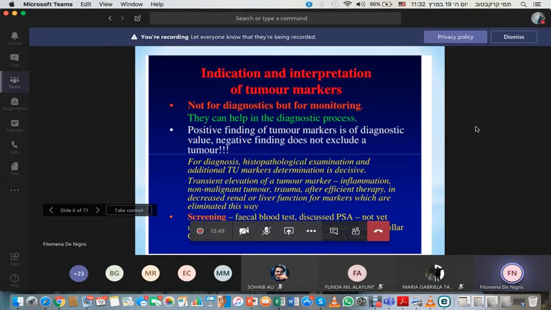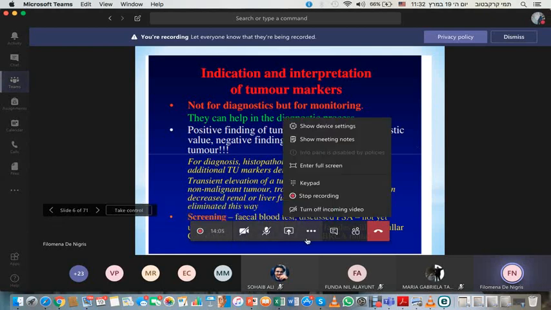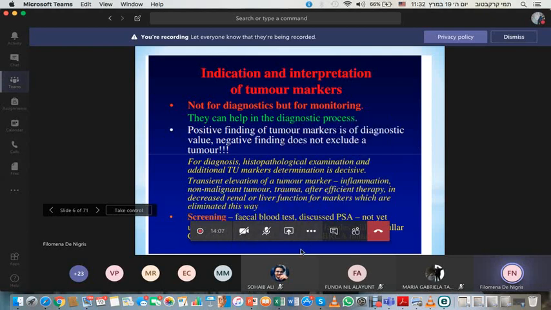Generally, the markers present in blood help to make a diagnosis, but we need other instruments such as CT scan and many other technologies, biopsy, and so on to identify the presence of a tumor in the body.